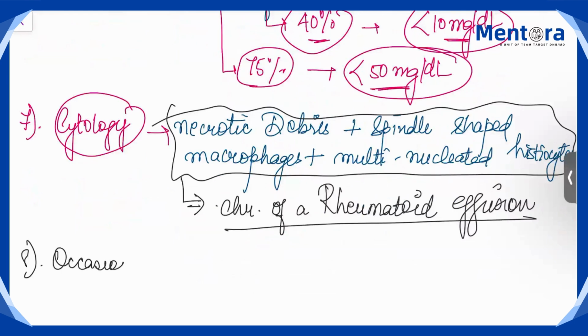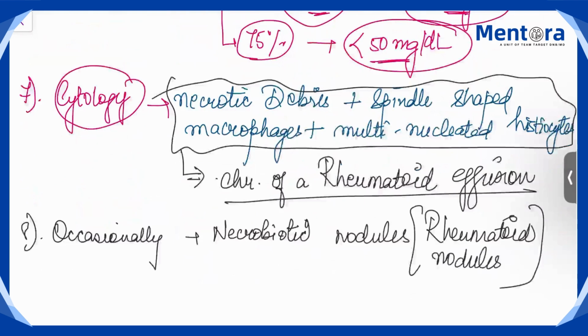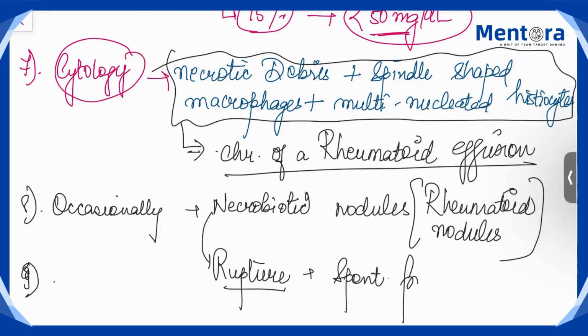Occasionally, you can find necrobiotic nodules, also called rheumatoid nodules. If these necrobiotic nodules rupture, the patient will present with spontaneous pneumothorax.